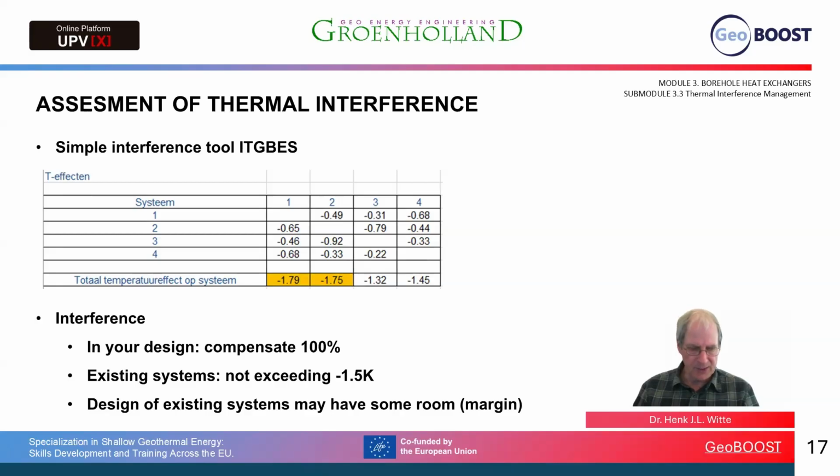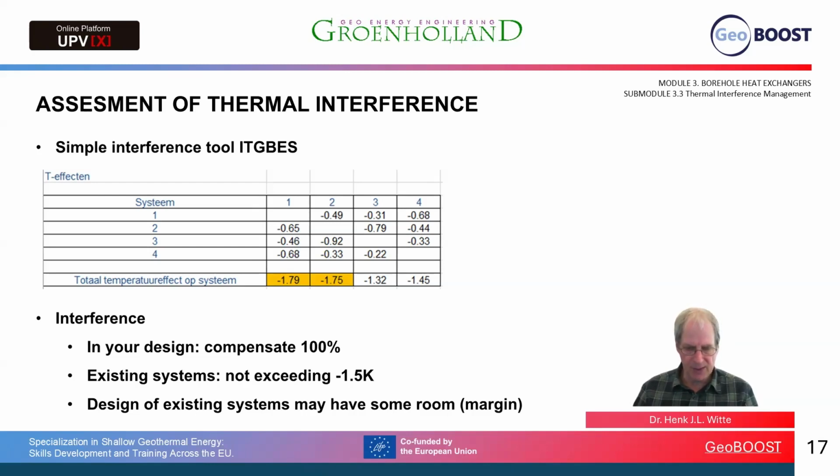Now, the idea is that if you design your own system, suppose I design system 1 and 2, I should compensate for all the effects between system 1 and 2, and also I should compensate for the effects that system 3 and 4 that are already present in the vicinity may have on my systems. The existing systems themselves may have a little bit of room, temperature margin in their design.